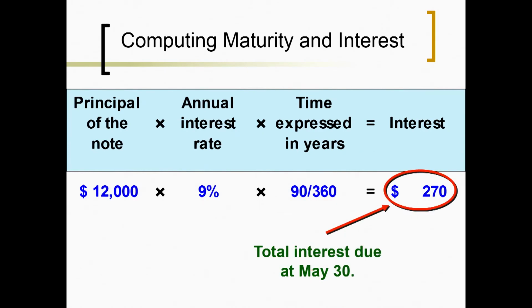Now, how much interest are they going to have to pay us at the maturity of this note? Well, we take the principal amount, which was $12,000, times the annual interest rate of 9%. This is a 90-day note, so we say 90 divided by 360. This is the total amount of interest that they're going to have to pay us on the maturity of that note. They're going to have to pay us $270 plus the $12,000 principal.